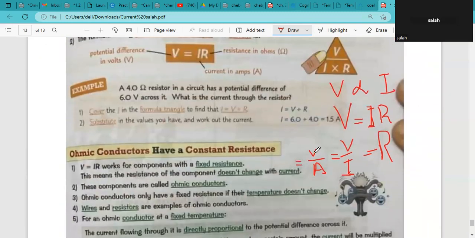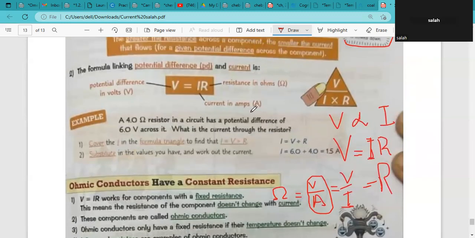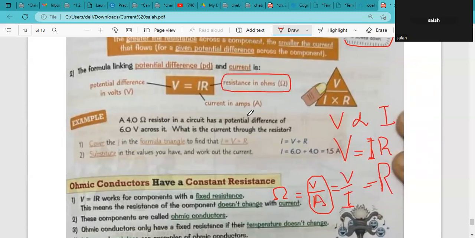So volt per ampere, that is equal to ohms. This is the symbol of ohm. So resistance is measured in ohms, current in amps, and potential difference in volts.